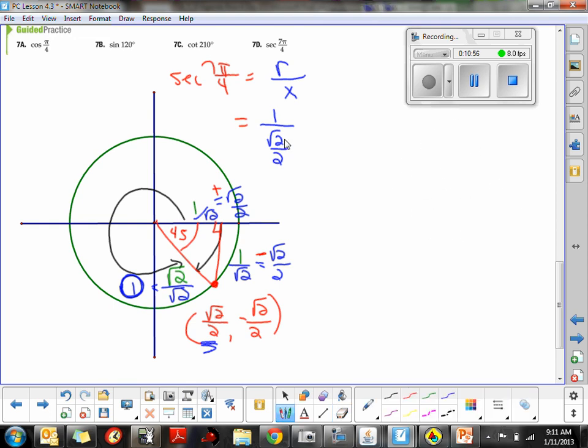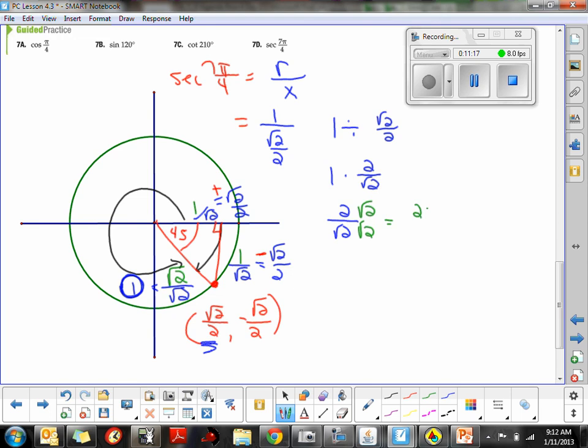So to simplify, we're going to have 1 divided by the square root of 2 over 2, which means it's 1 times 2 over the square root of 2, and now we're going to simplify by rationalizing the denominator. So we're going to multiply top and bottom by the square root of 2.